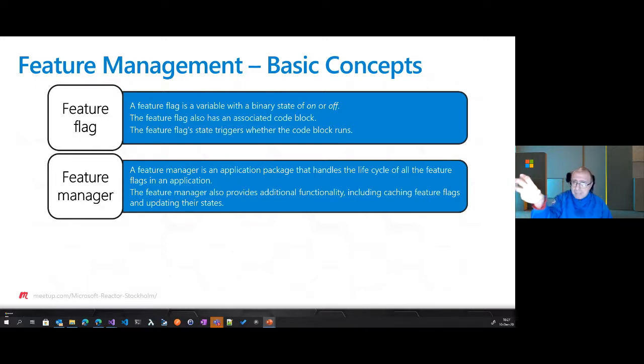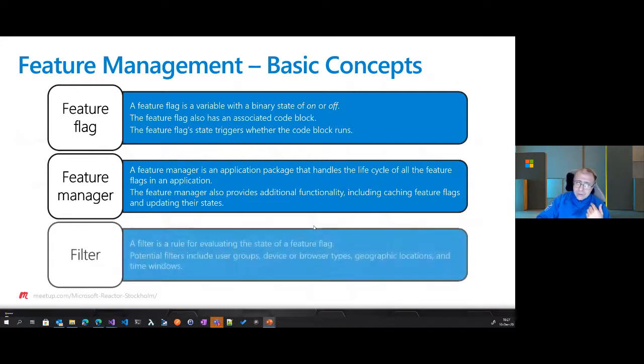So you can have a pipeline, and when the pipeline deploys a new version of your application and a particular feature must be enabled, the DevOps pipeline can interact with the feature manager in app configuration and turn on the switch.